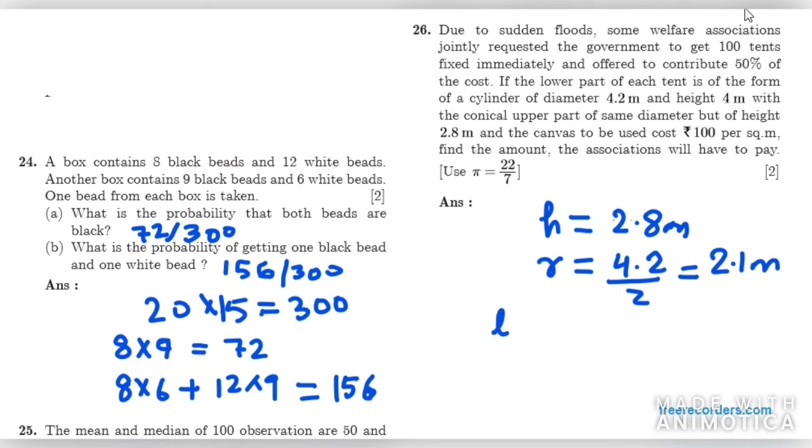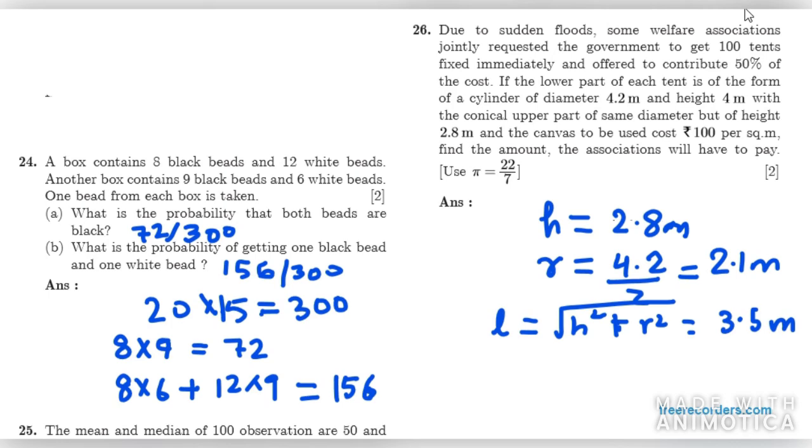Now we need to find the slant height, as we need to find the surface area of the tent. So it will be under root of h square plus r square. When you put all the values in it, you get your answer as 3.5 meter. The slant height l will be 3.5 meter.